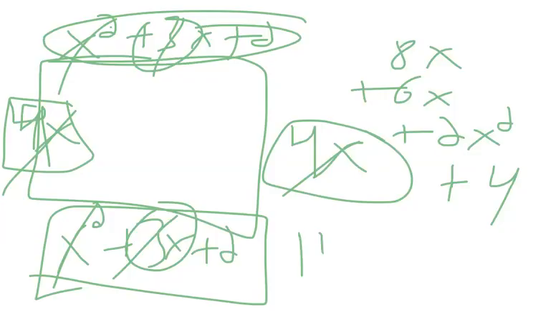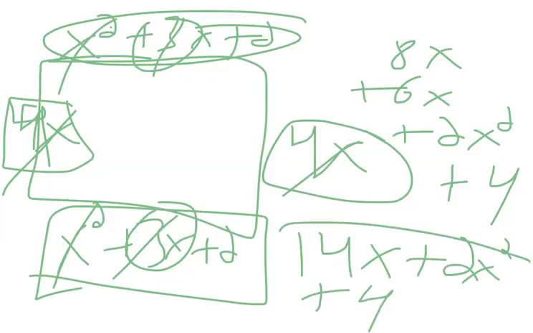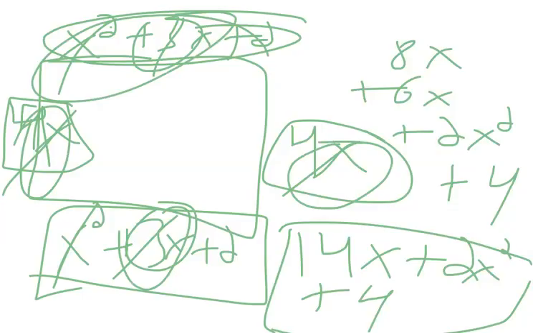So it's going to be 14x plus 2x squared plus 4. You basically just add all four sides, knowing that the opposite sides of the rectangle are equal. And that's how you would do that problem. And that will be it for this section of random algebraic math.